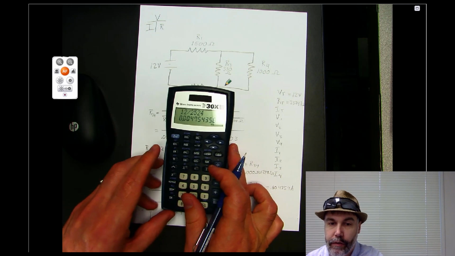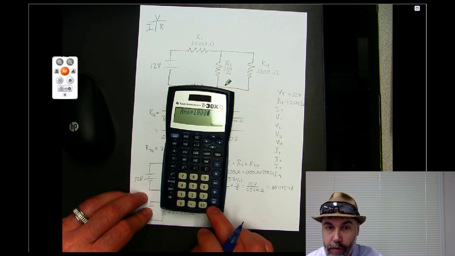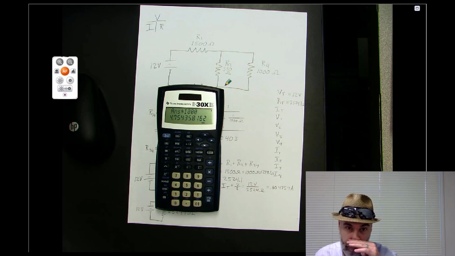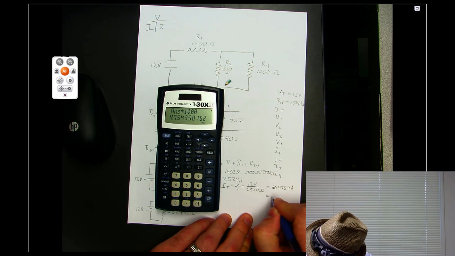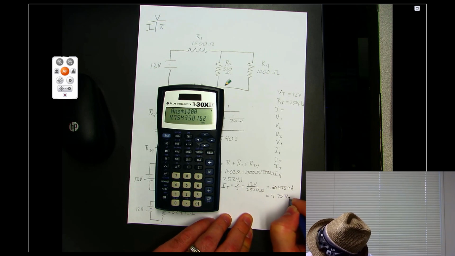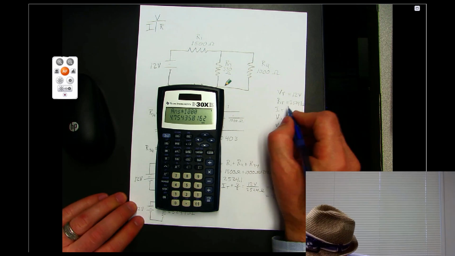So if we do that, we say times 1,000, and that gives me 4.754 milliamps. Okay, so that would be our total current.